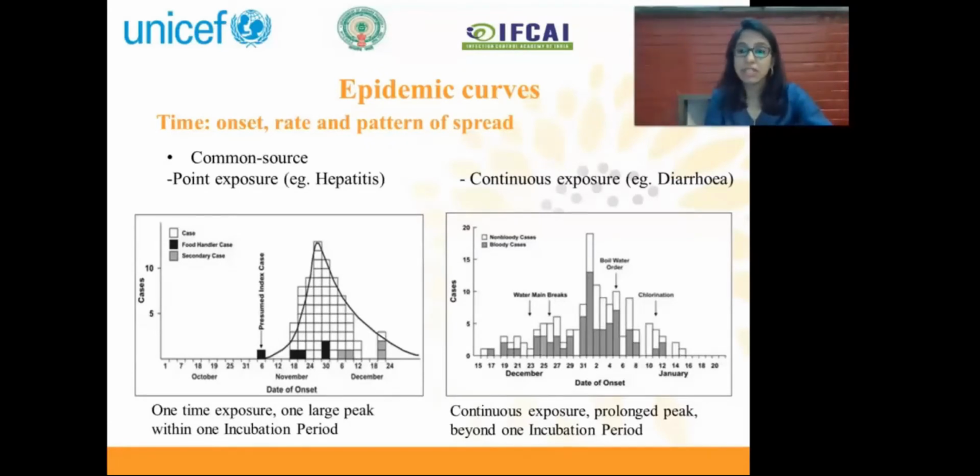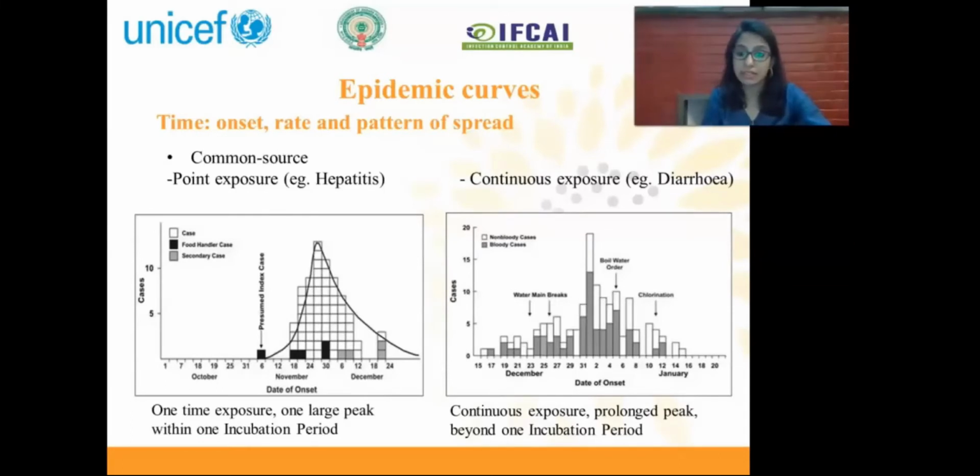However, if you see a graph like this one, which is growing and goes to peaks, and they continue to happen, and it is longer than the incubation period, such is a continuous exposure. So the infection source is there and it continues to infect more people.